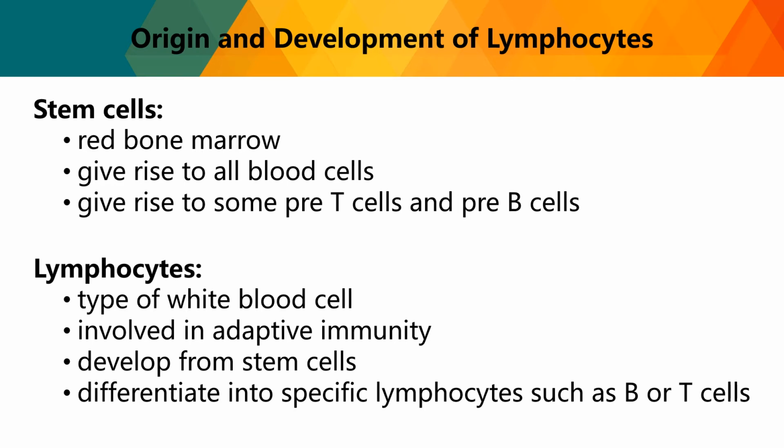Some of the cells that they can give rise to are the pre-T cells and the pre-B cells. Lymphocytes are the type of white blood cells involved in adaptive immunity, and they develop from stem cells and differentiate into specific lymphocytes such as B or T cells.